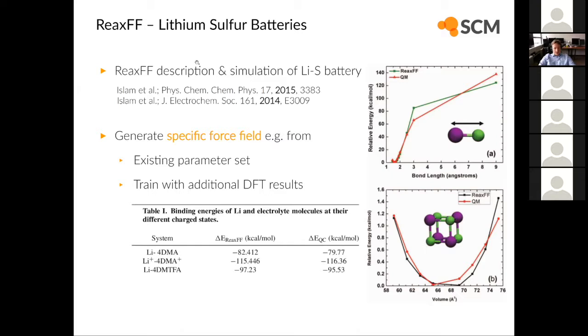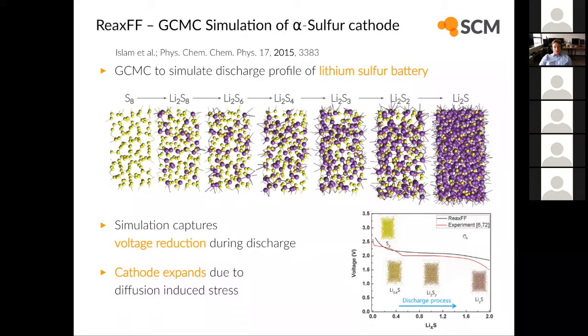They used an existing older parameter set and improved it for this kind of battery system by using additional results from DFT calculations, for example, the interaction at different bond lengths, and also the symmetric breathing mode of the crystal, in order to parameterize a newly specific force field. And this can then be used, for example, to study the cathode side of a battery.